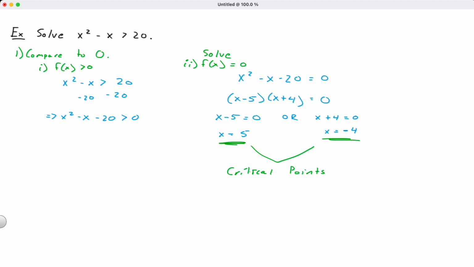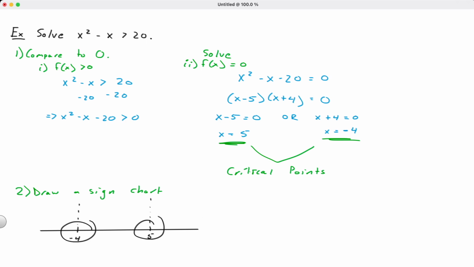And so using those values, we can now draw a sign chart. In other words, we can draw a number line where we label -4 and 5 to break up our real number line into these three intervals. And knowing that these two values are the only places where this can change sign, we'll want to check for what the sign is here, what the sign is here, and what the sign is here.